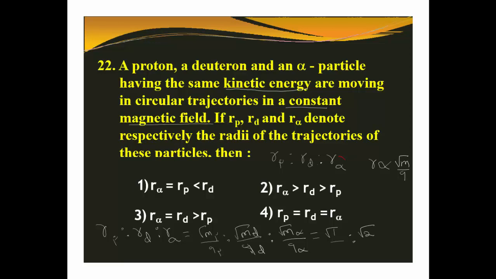Mass of proton is 1, mass of deuteron is 2 times, and mass of alpha is 4 times, also it is 1 time.